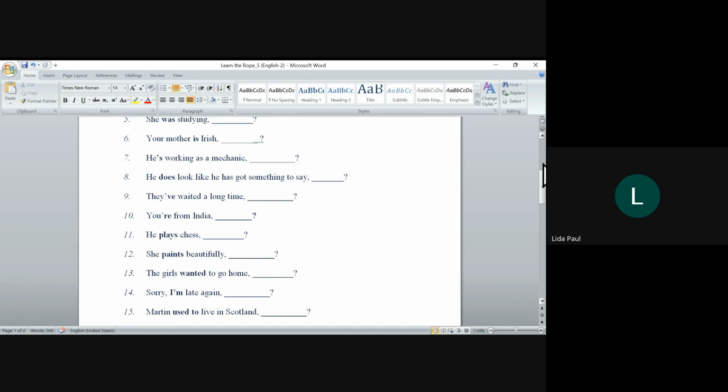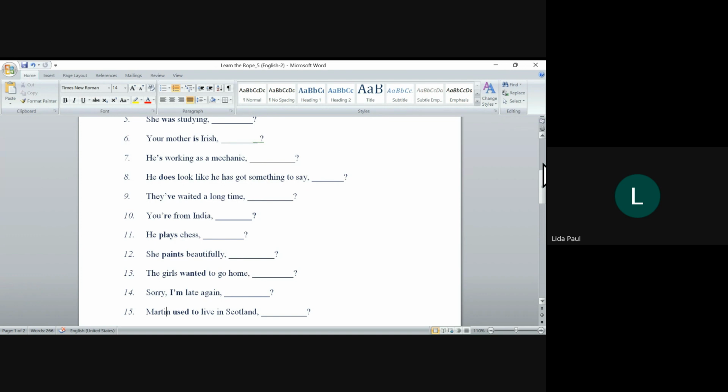What would be the answer to this? Doesn't she, right? Because again, paints is a main verb in the simple present tense and your subject is singular. So all you have to take is the auxiliary verb does. She paints beautifully, doesn't she?